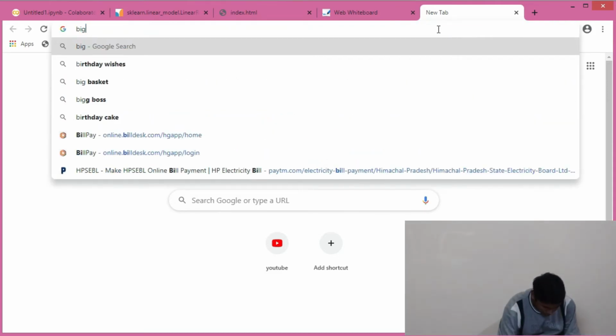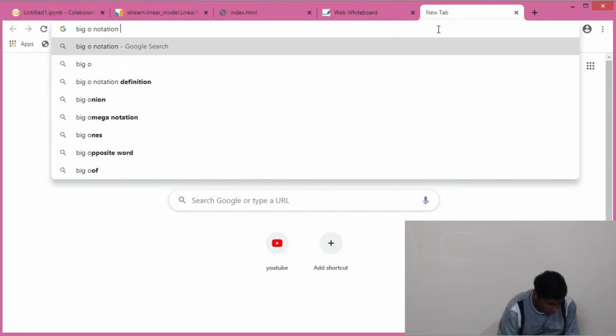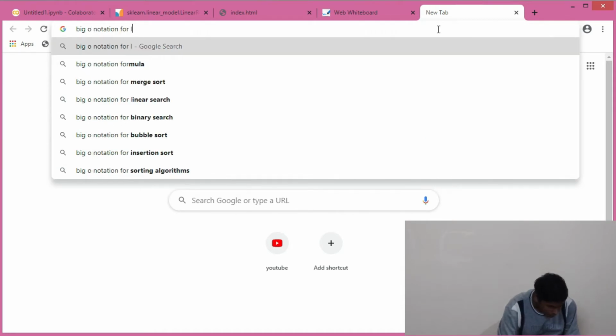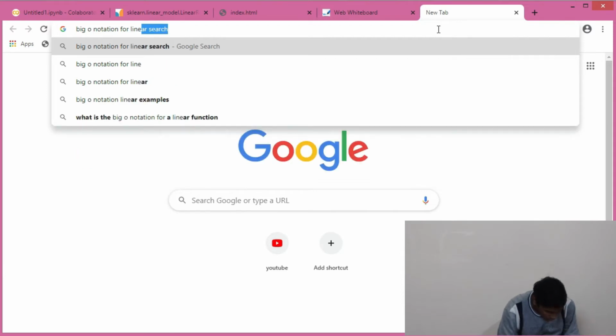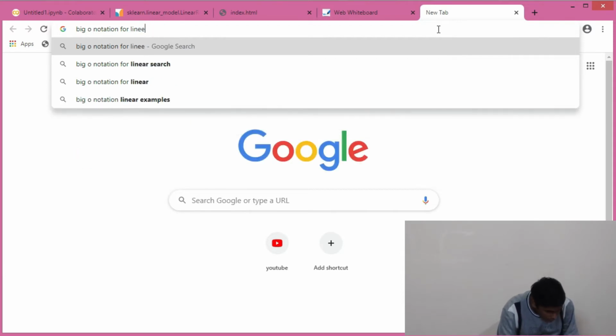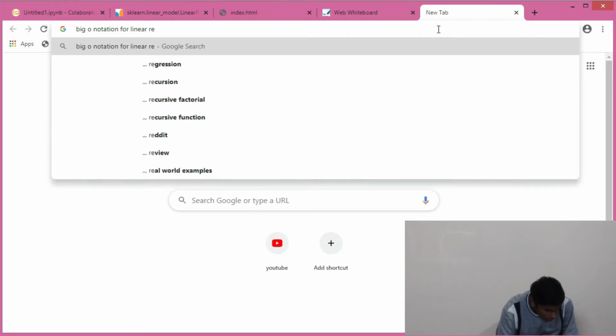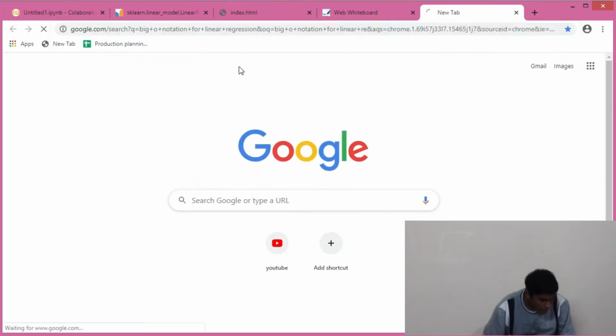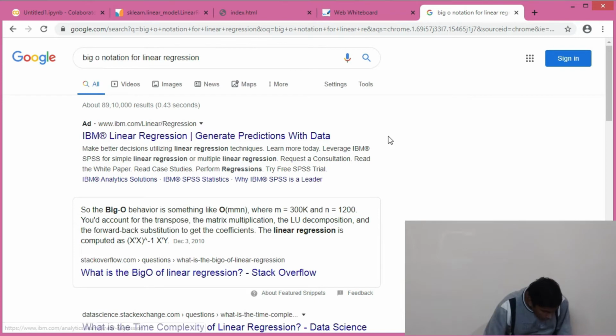So you can just look up the big O notation for linear regression. Linear regression, it's not there. Okay, so let's just see.